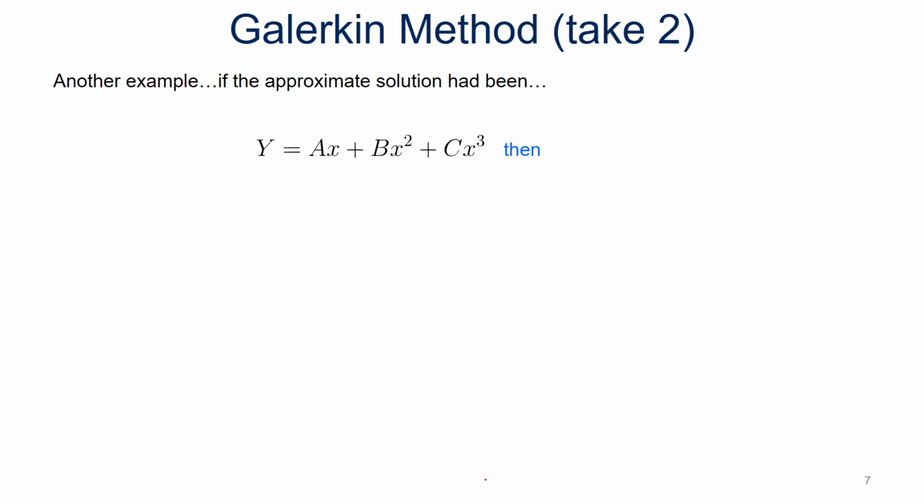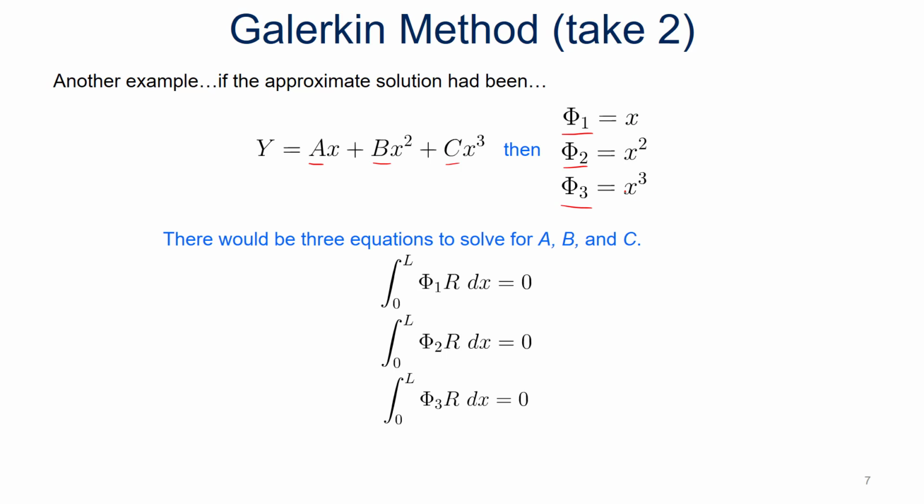Another way is, well, I guess it's the same way, but with a third order polynomial here. And we're going to have 3 weighting functions. So we have 3 parts, 3 unknown coefficients: A is unknown, B is unknown, and C is unknown. Therefore, we have weighting function number 1, 2, and 3. Note how they are: just x, x squared, and x cubed there.